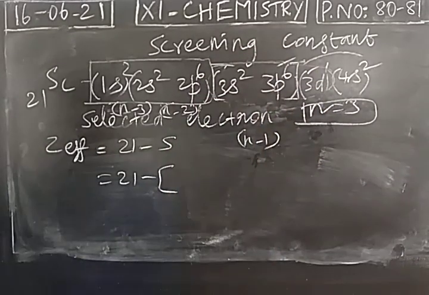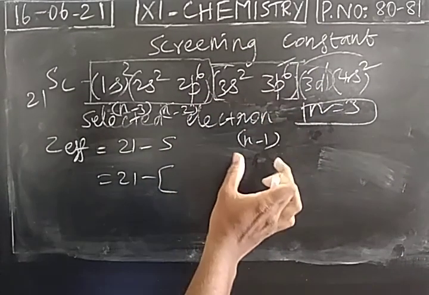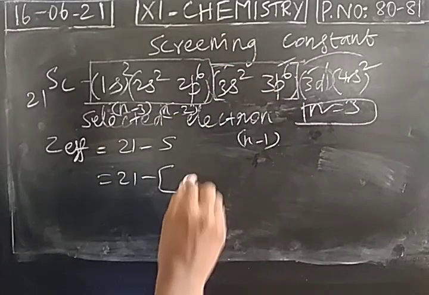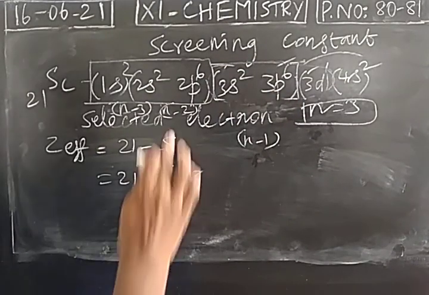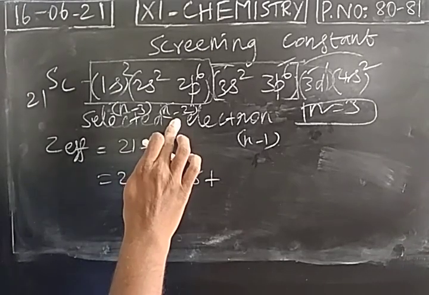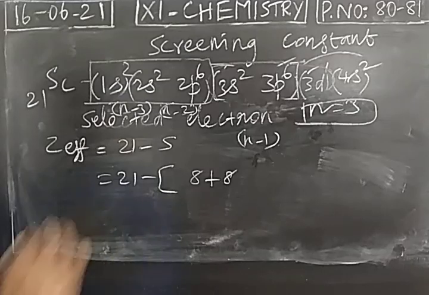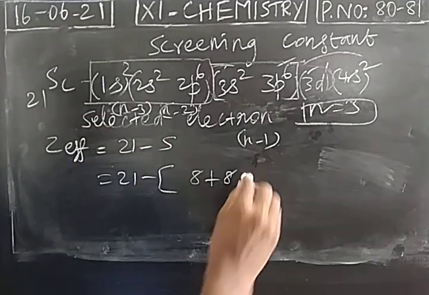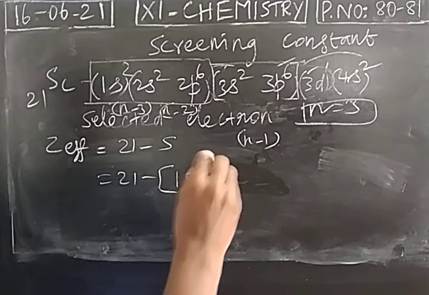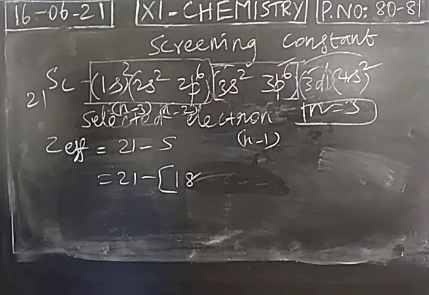So 3s 3p is made into a group called n-1 cell. Here 8 electrons are present. n-2 cell having 8 electrons, n-3 cell having 2 electrons, totally 18 electrons present. So what is Slater's rule?